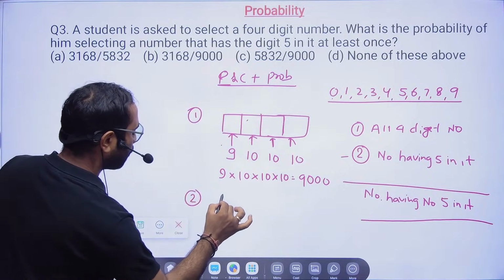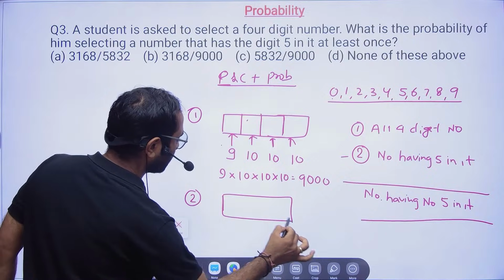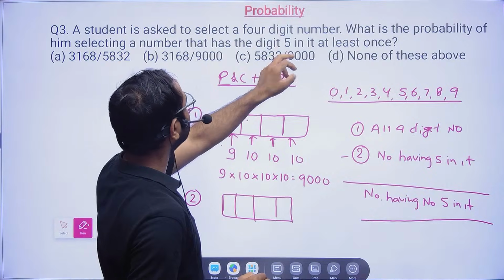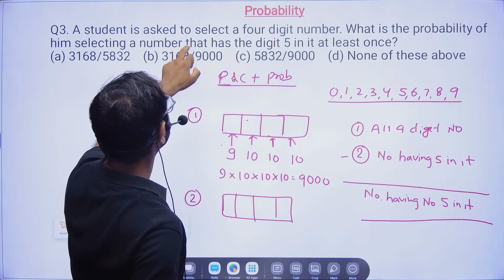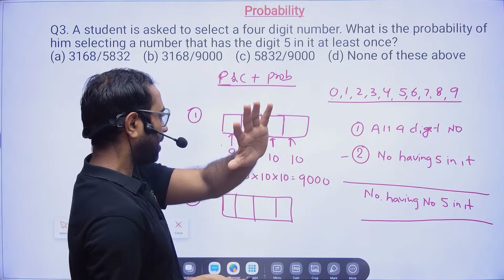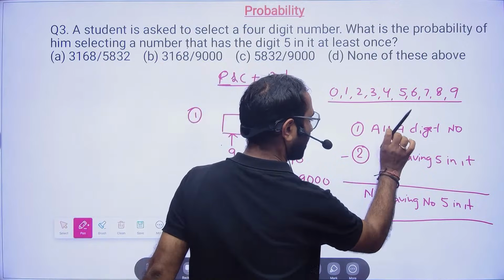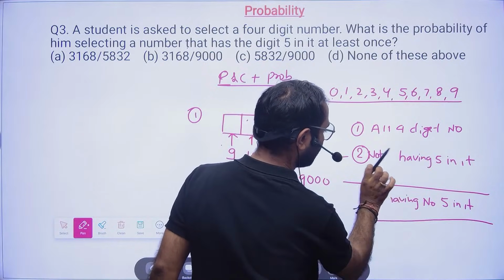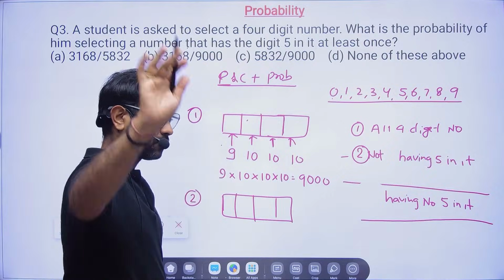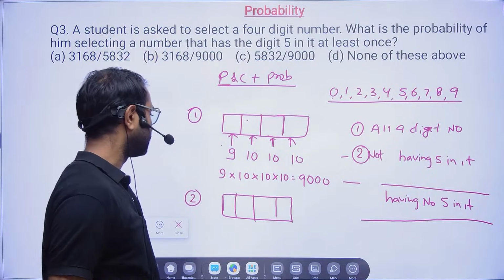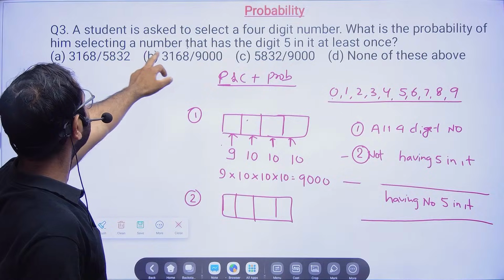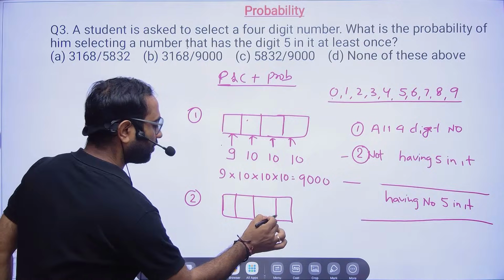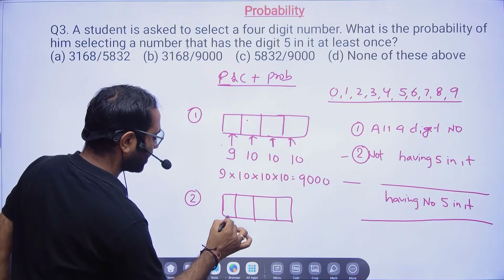Now I want 4-digit numbers which have 5. What is the probability of selecting a number that has the digit 5 in it? I'm sorry. Having 5 in it is the complement of not having 5 in it. Now I'm going to find out the probability of selecting a number that has digit 5 in it at least once. So now I'm going to find out where 5 is not there. How many choices do I have here?